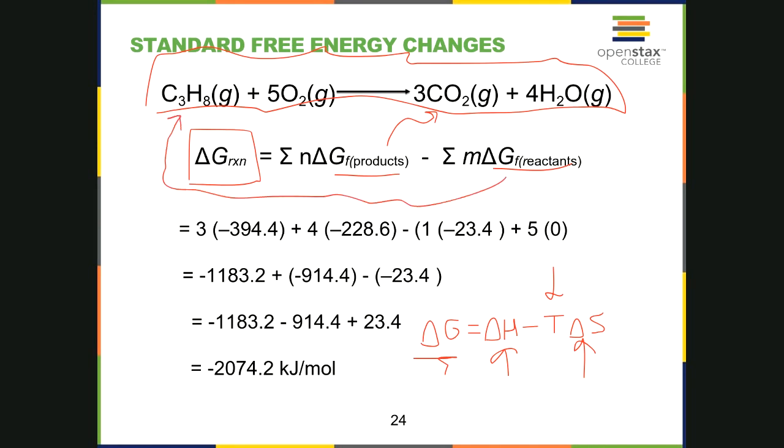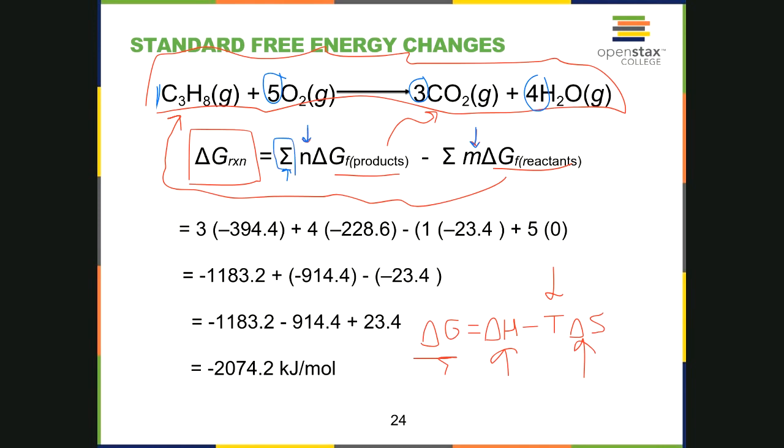Then we've got the little n and the little m, and that's going to stand for the coefficients. In other words, it's going to go for the 3 and the 4 and the 5. And also, there's a 1 here. So that's what the little n and the little m is for. Now, what Victoria was asking about was these.